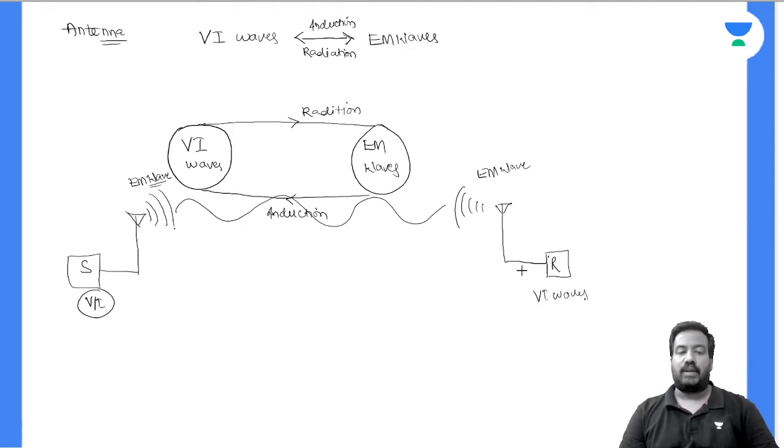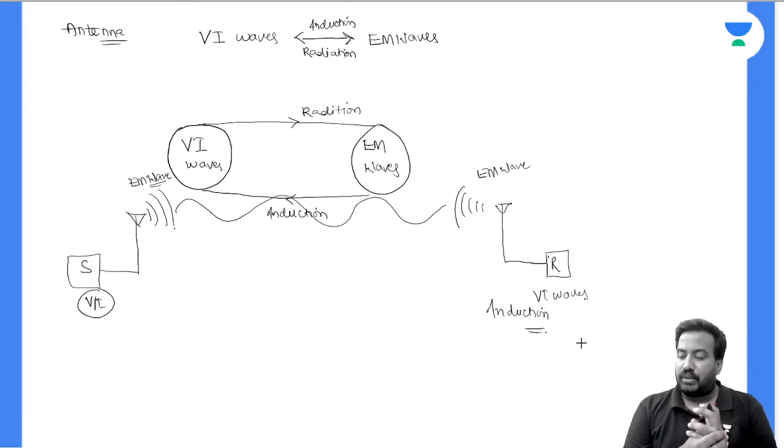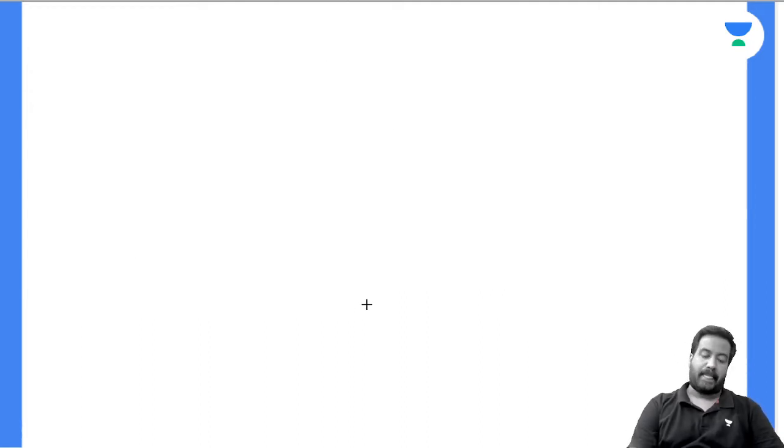This is called induction. So the main purpose of an antenna is to convert V-I waves into EM waves by the process of radiation, and to convert EM waves to V-I waves by the process of induction. Clear?